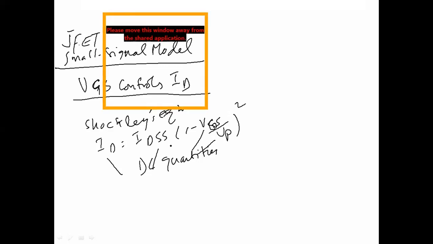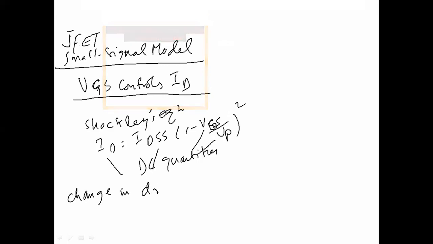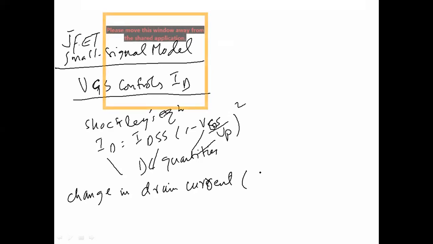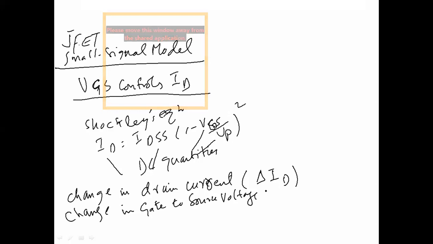Now, the change in drain current, we represent this by delta ID, and due to change in gate to source voltage, we call it delta VGS.